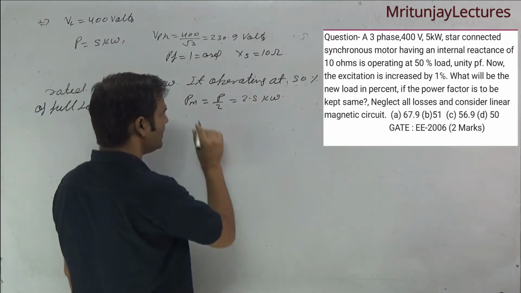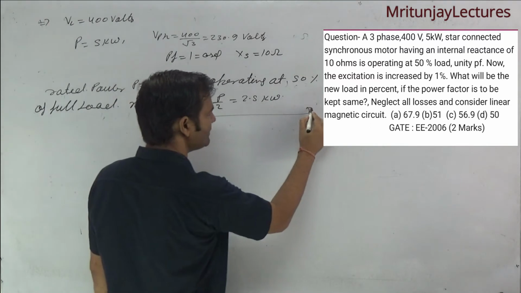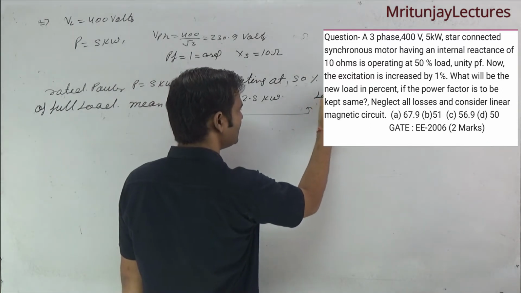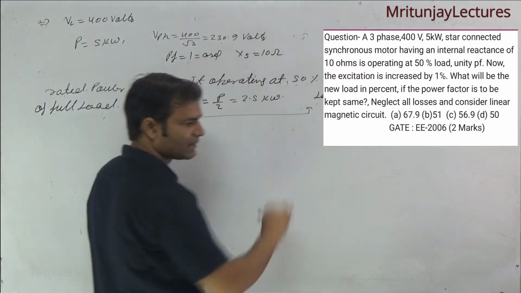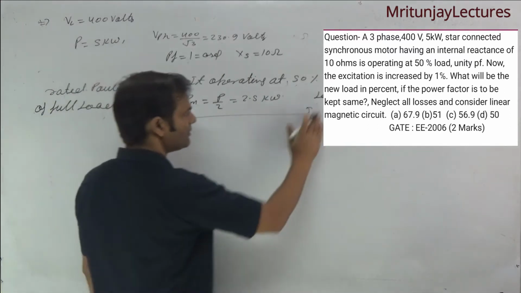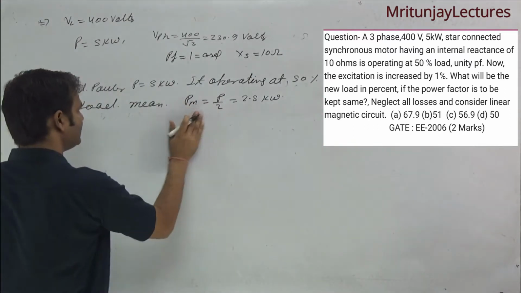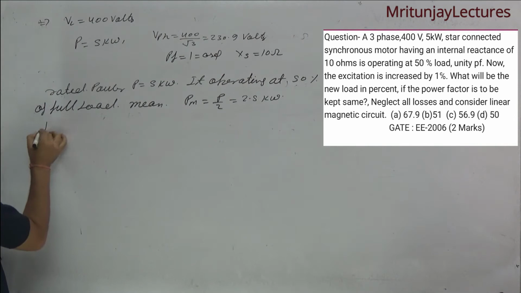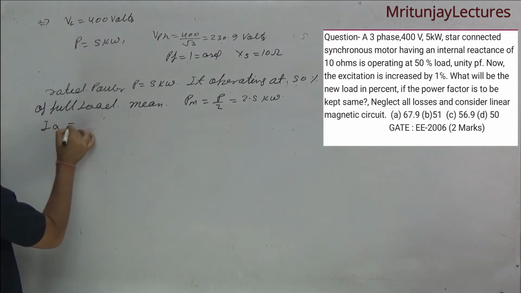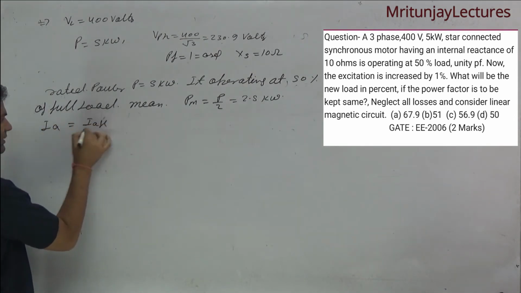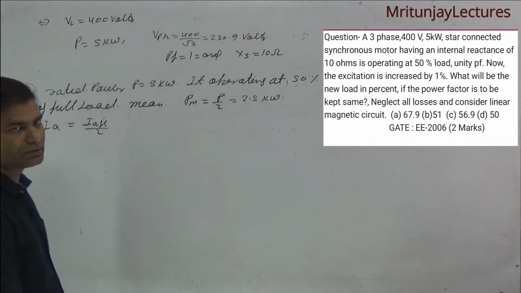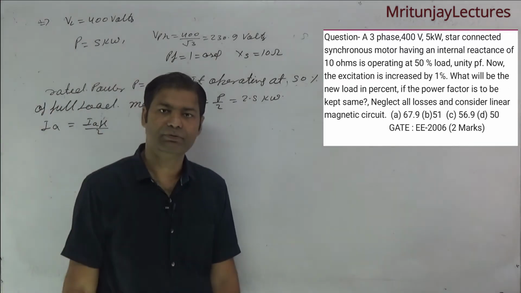And what about the corresponding current? Armature current, that is IA. Any doubt? Corresponding to the current, IA is IA full load by 2.